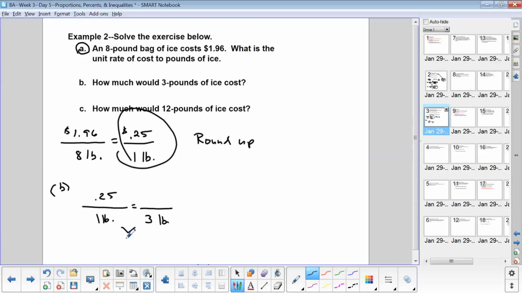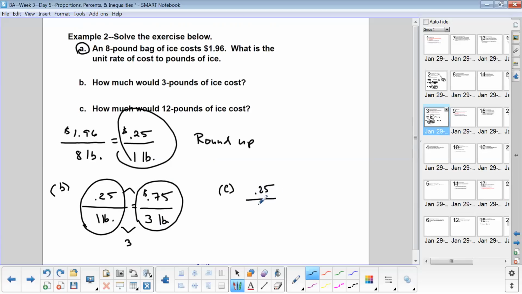You're multiplying 1 by 3, so you'd multiply 25 cents by 3, and you would get 75 cents per 3 pounds. Because when you divide 75 cents per 3 pounds, you should get this ratio. And then part C says how much would a 12-pound bag of ice cost?